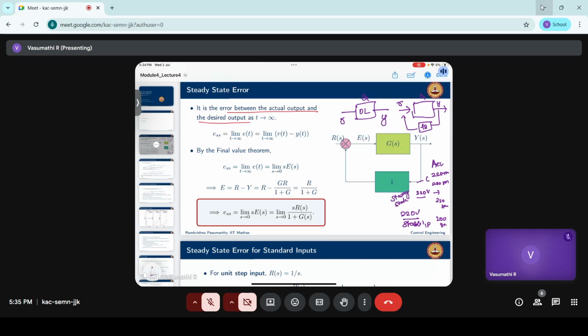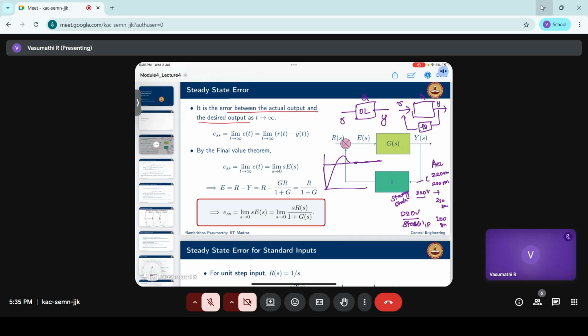This difference between the two, we call the steady state error. Why is it steady state error and not just error? Because a real-time system won't react at the same instant to any input, due to time delays. The system takes some time to reach those values. Most systems are underdamped, so it takes some time to reach the final state.